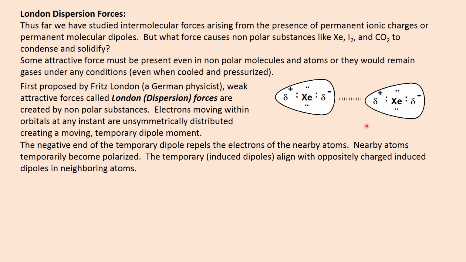So temporary induced dipoles align with opposite charged induced dipoles in neighboring atoms. It's almost as if the atoms join a line dance where they all step to the right, they all step to the left, they all step forward, they all step back together, kind of pulsating in sync with each other. So this is an induced dipole attraction.